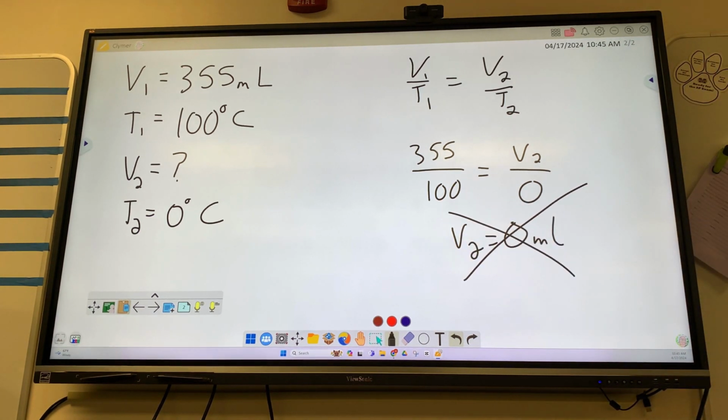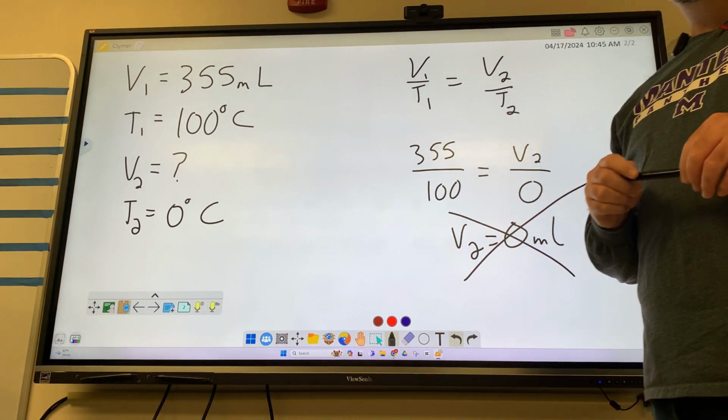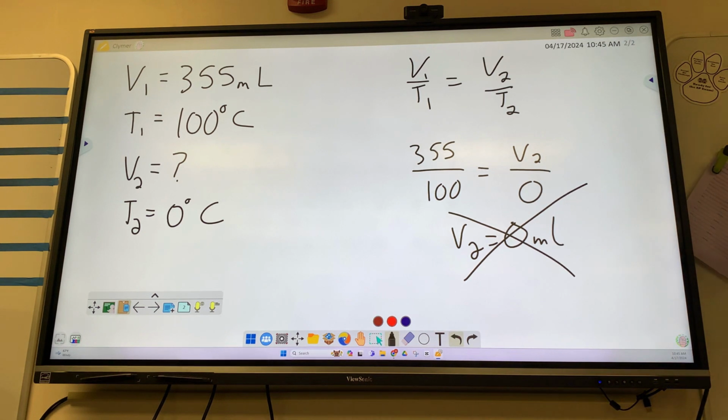What about a vacuum? Still not 0. It doesn't have mass. You would have 0 volume, but there could not be anything in it. As soon as there's something in there, it can't have a volume of 0. True, but we're talking about a sample of gas here. So yeah, if there was no gas in there, then it could have a 0 volume, but then we wouldn't be talking about that.